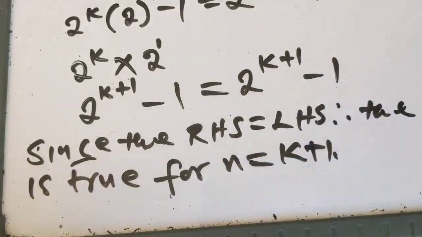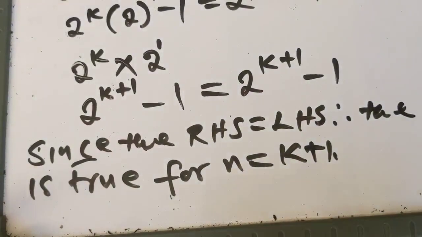So that is how you conclude. I hope you've understood how to prove questions of mathematical induction. In the next video, we are going to do other questions that I haven't done, and they are important. They also come, so you need to understand all those questions.